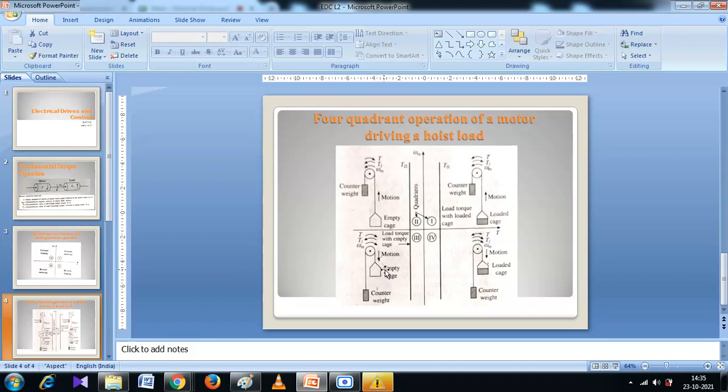Is the empty cage motion downward? No, that is not what I am saying. First listen, then tell me. If the empty cage is at the high level and the counterweight at the low level, and the shaft can rotate freely, then what will happen? What is the position of the empty cage and counterweight due to gravity?